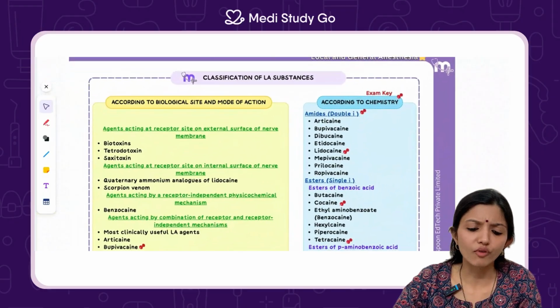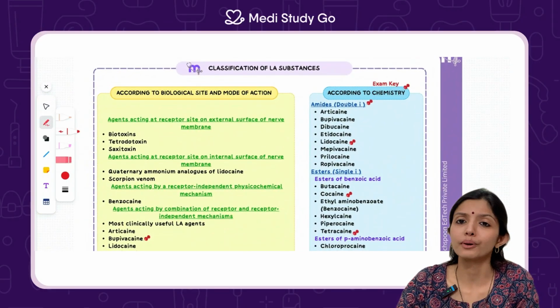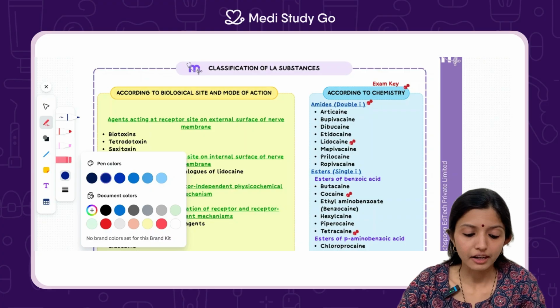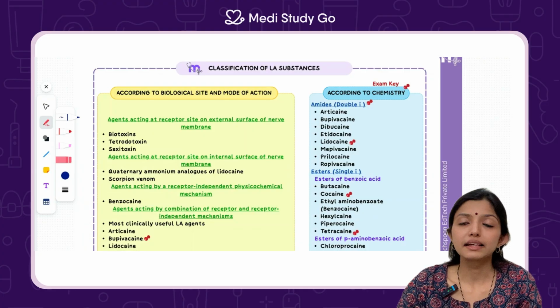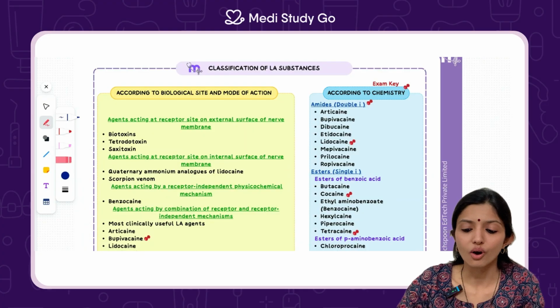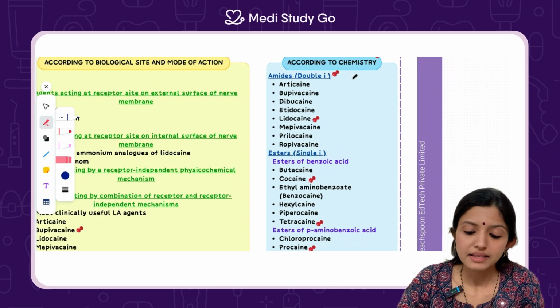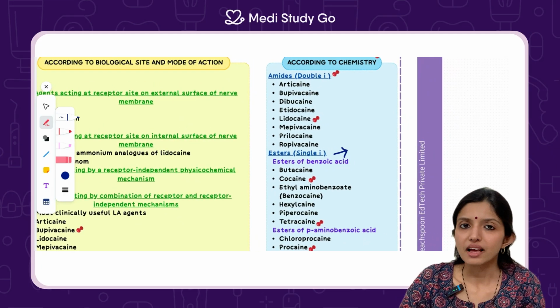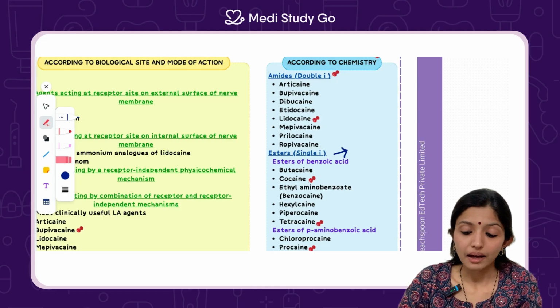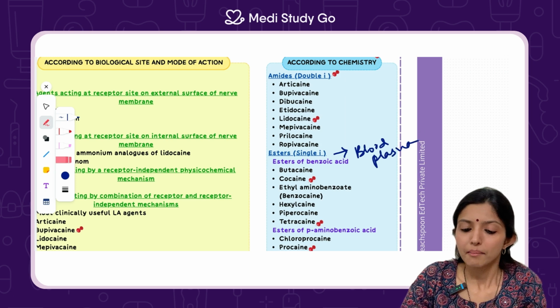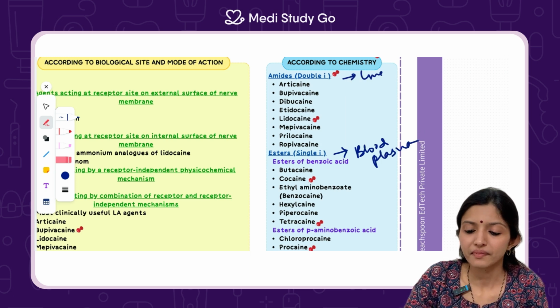Now we also move on to the classification of your local anesthetic solutions. We have already understood that local anesthetics basically have two types, esters or amides. So that is based on the chemistry, amides and esters. Esters, as I have already mentioned, are metabolized by your blood plasma, and amides on the other hand are metabolized by your liver.